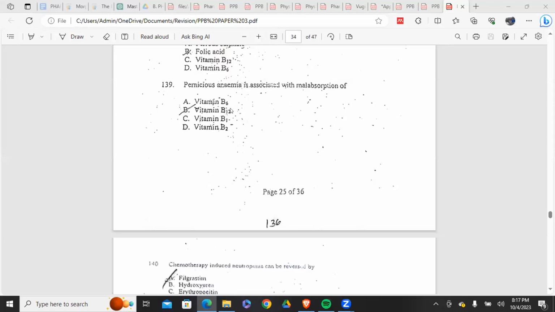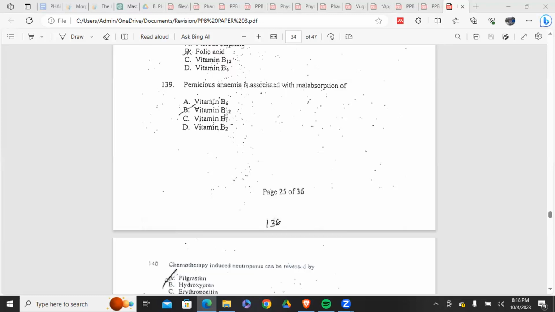I think it's B12. Yeah. Is it the same as megaloblastic, or is it different? If you have vitamin B12 deficiency, is it the same?